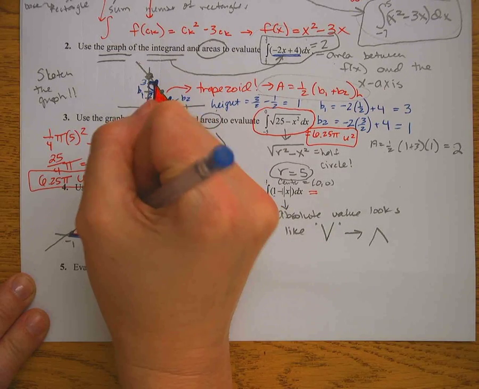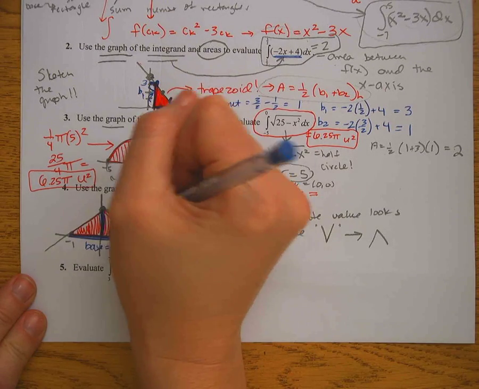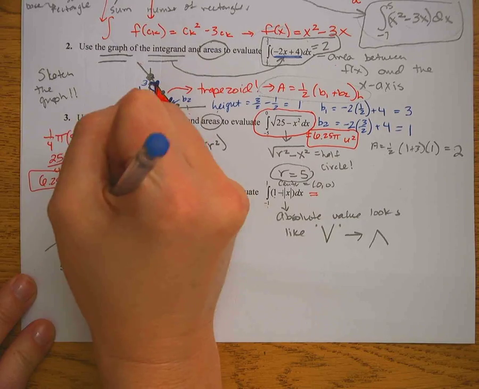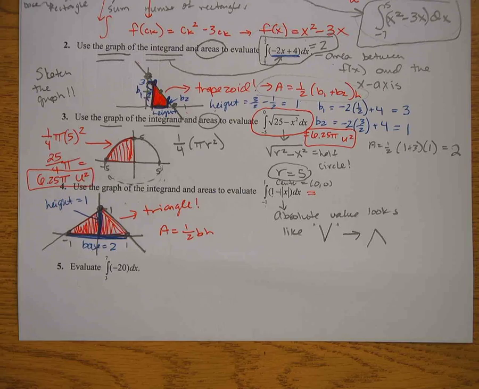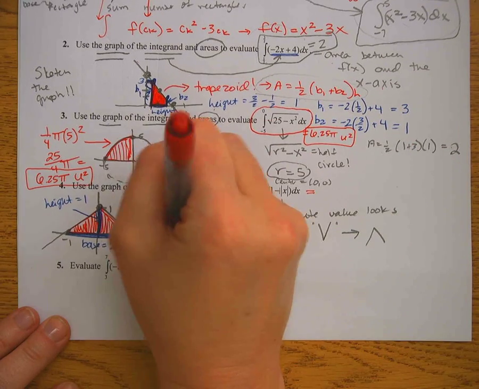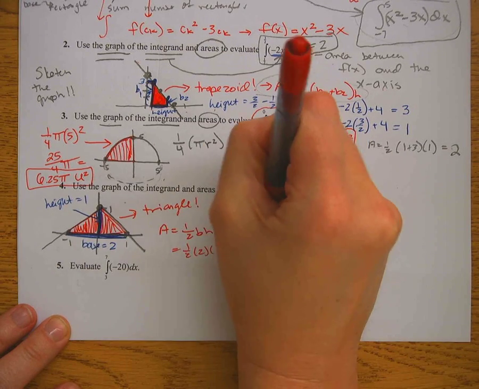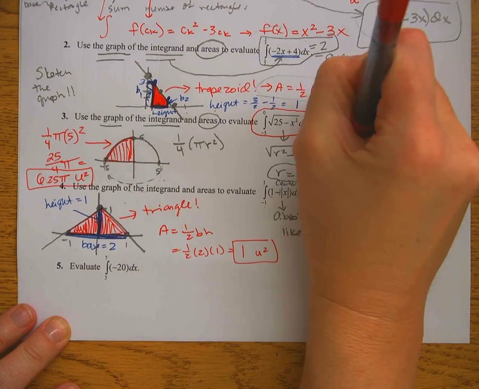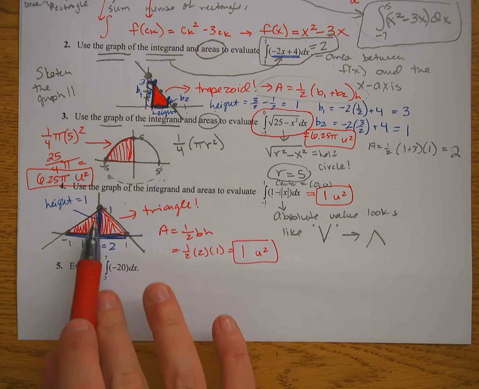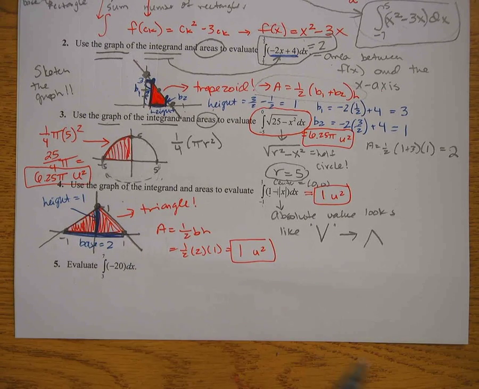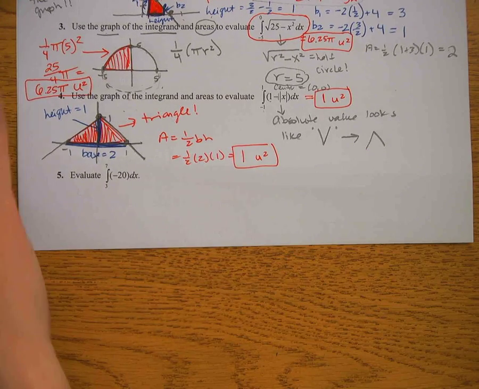And I can use this perpendicular altitude, or height, which is between 0 and 1, as my height of the triangle, which is basically just 1. And I can just do 1/2 base times height. So 1/2 times 2 times 1 is basically 1 square unit. And I have successfully evaluated the integral by finding the area under the curve using simple geometry.